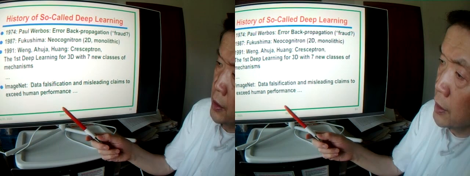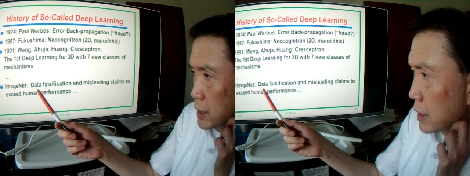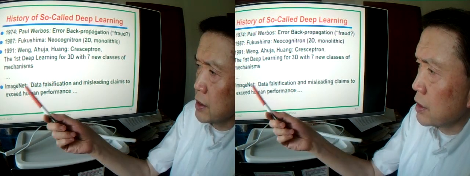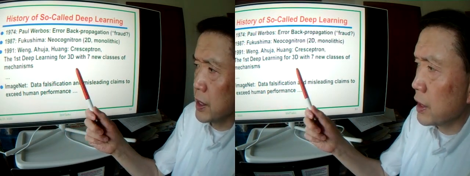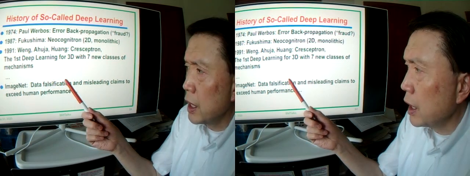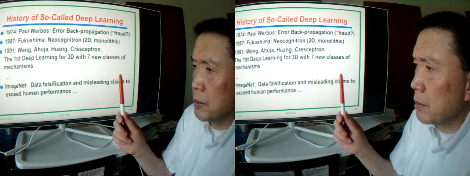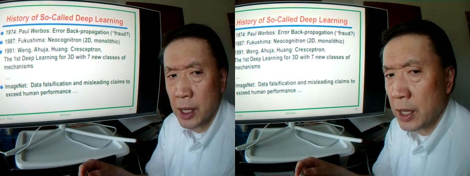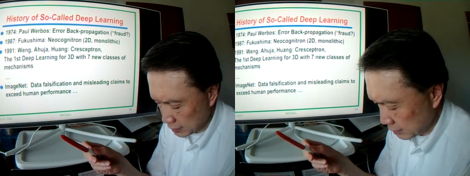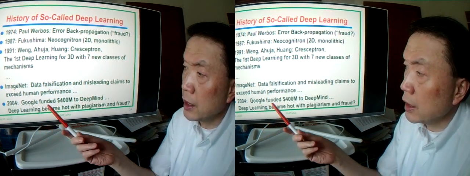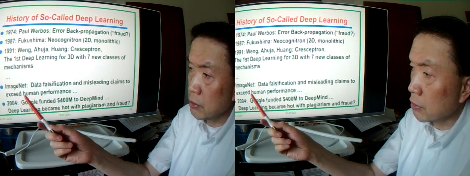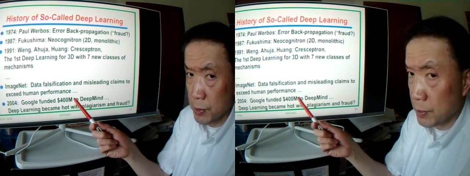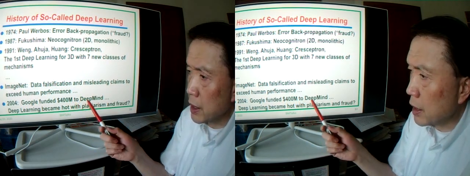After that, we have ImageNet, organized by Professor Fei-Fei Li and others. And I think they have an issue of data falsification and misleading claims that computers exceed human performance, and there is a question about those claims. And then Google came in 2014 and paid $400 million to acquire DeepMind.